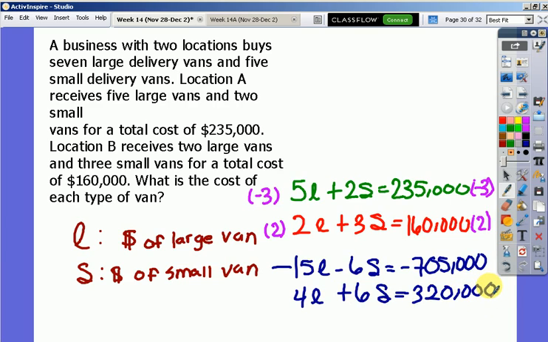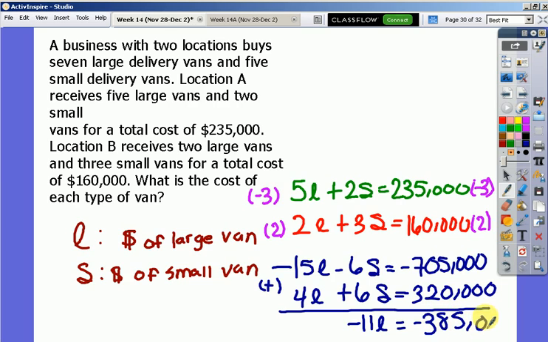What variable can I eliminate? S. I'm going to add straight across, and I'm going to eliminate my S's. Well, when I do that, I get negative 11L equals negative 385,000.